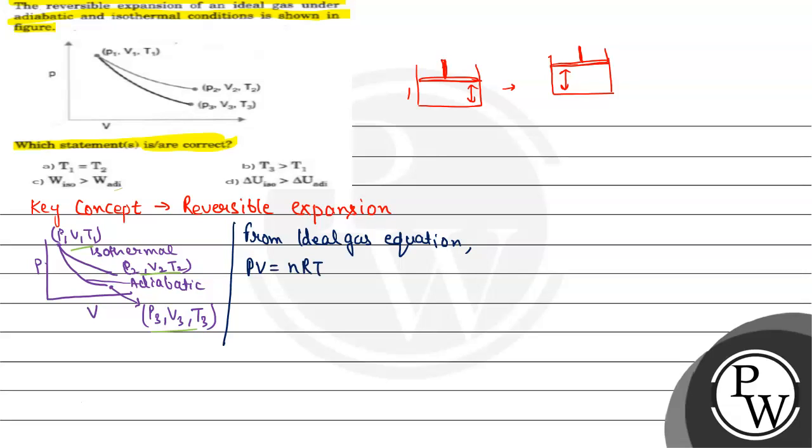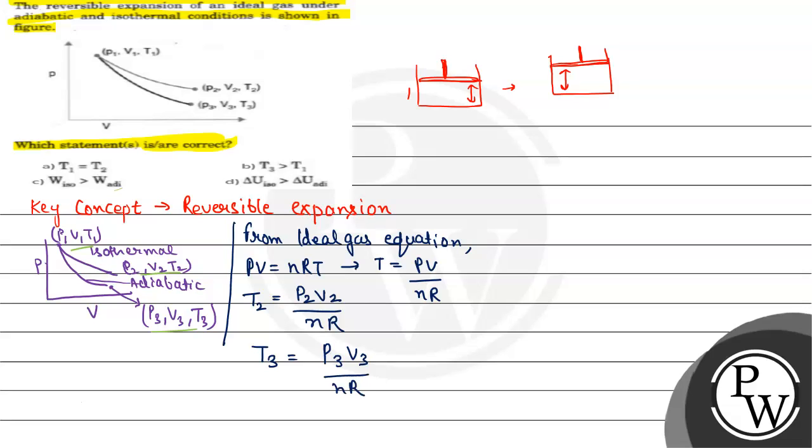This is the general equation, and from this we can find T, which equals PV divided by nR. So we can write T2 equals P2 V2 divided by nR, whereas in terms of T3, it will be P3 V3 divided by nR.